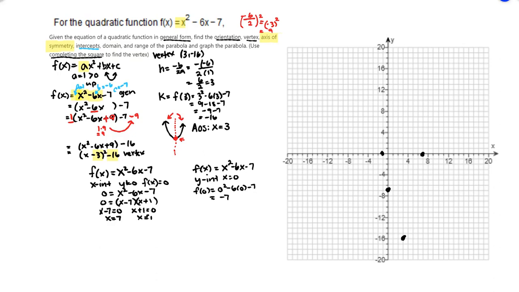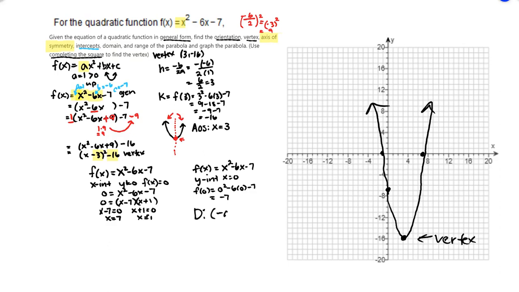And keeping in mind that this point here is the vertex, and the vertex will be a turning point for the function, creating a minimum value in this case. And that gives us the graph of our parabola. And now it's also easy to see what the domain is.